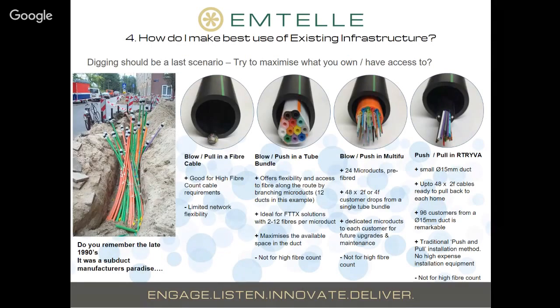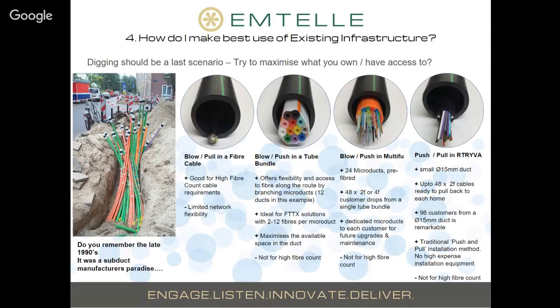Now that fibre to the home is really picking up in Europe, these ducts can be used for a wider range of operations for feeding fibre to the home. Instead of installing a single cable into a duct, you could actually install multiple tubes in a tube bundle into a duct for provision for fibre to the home.